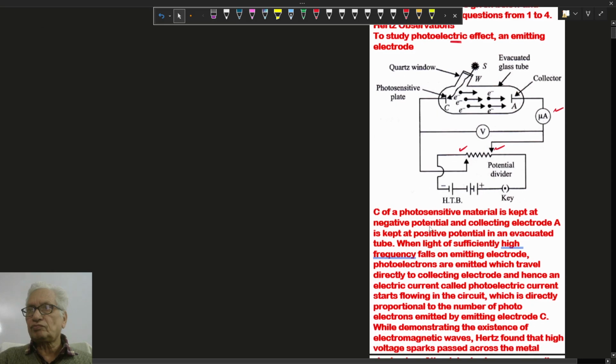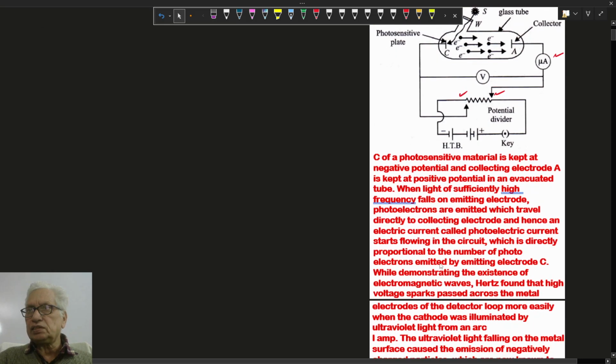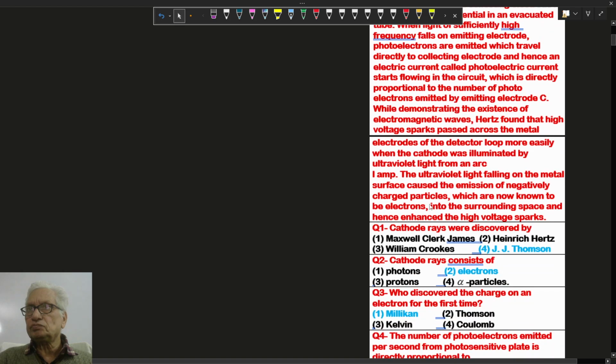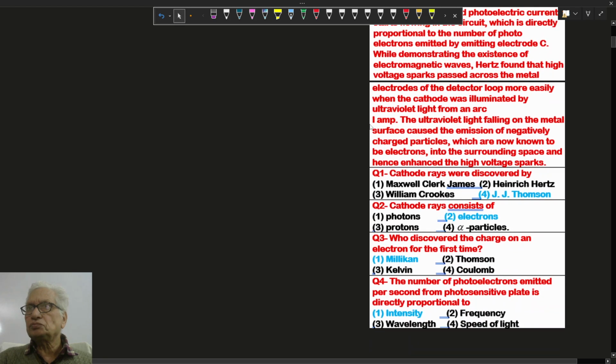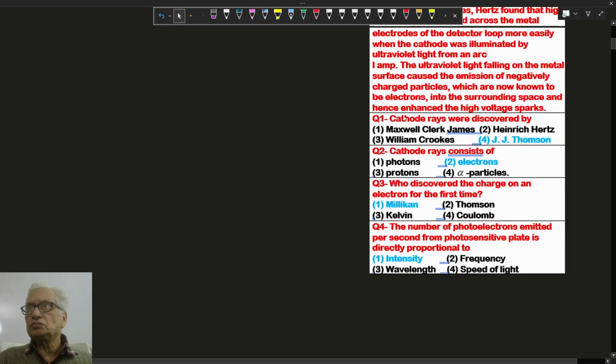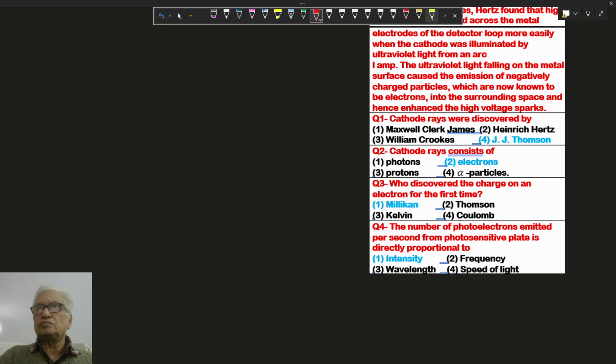Now, this is the arrangement here. Now, here question 1. Cathode rays are discovered by the scientist Thomson.